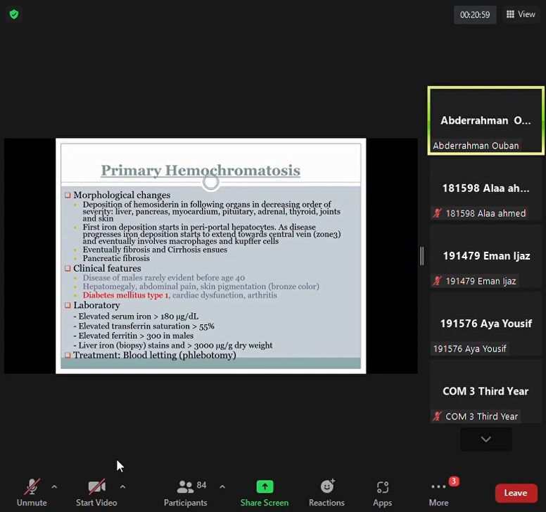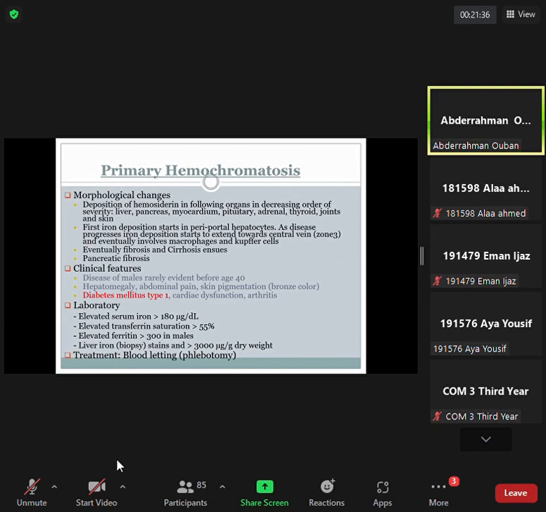You may do a lot of parameters, all of which are going to be helpful, but the most solid evidence, what you call the gold standard, is a biopsy of the liver, where you send the tissue to the chemical pathology lab and measure the iron present in the biopsy. That's counted per gram of dry liver weight, and that's going to nail the diagnosis for you. This is the gold standard right here: 3,000 microgram per gram of dry liver weight.